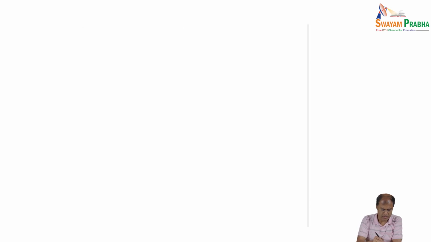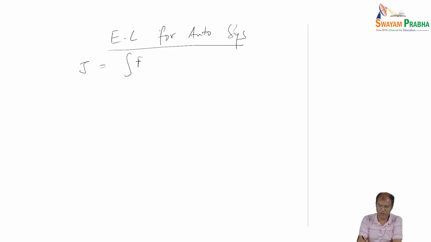Let us revise quickly: I am assuming that if the functional is of this form, then f is purely a function of x and x dot.